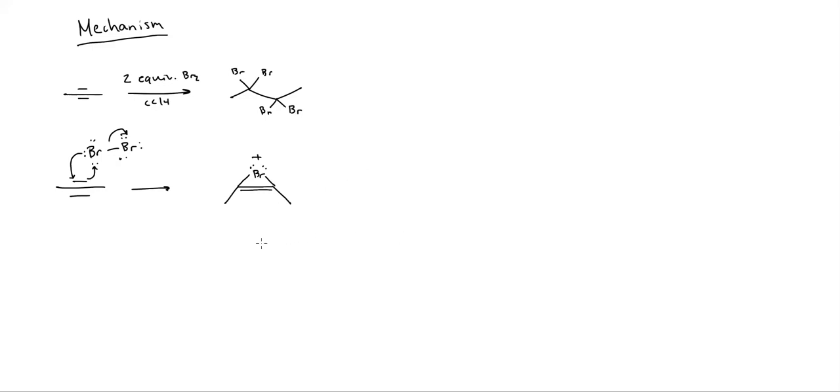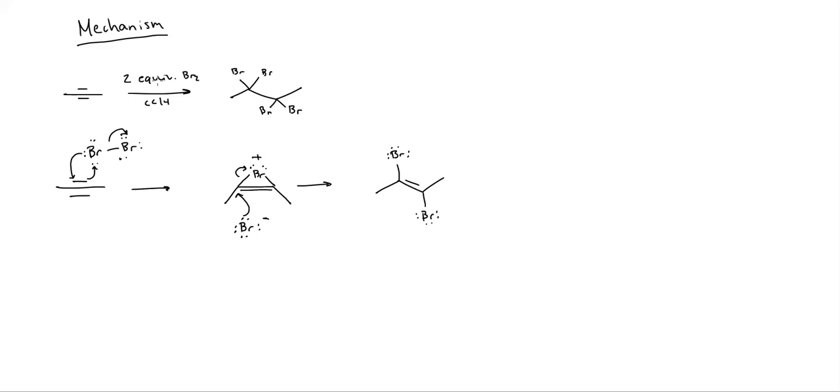So what this Br minus is going to do is come in and attack one of these carbons, and this bromine's going to leave. So then that's how I isolate my trans alkene here. So then I have my trans alkene.